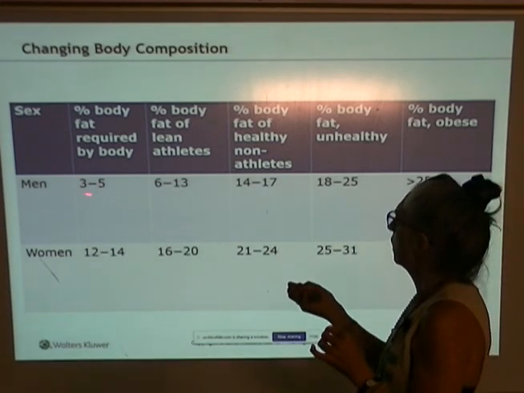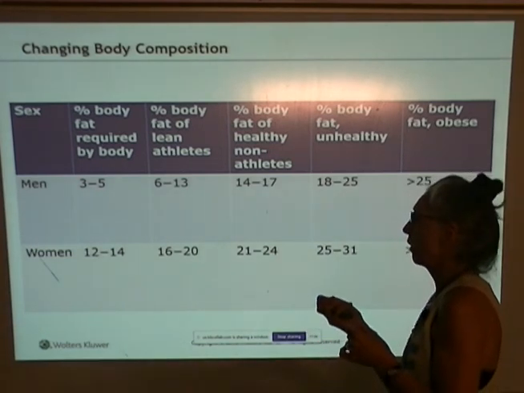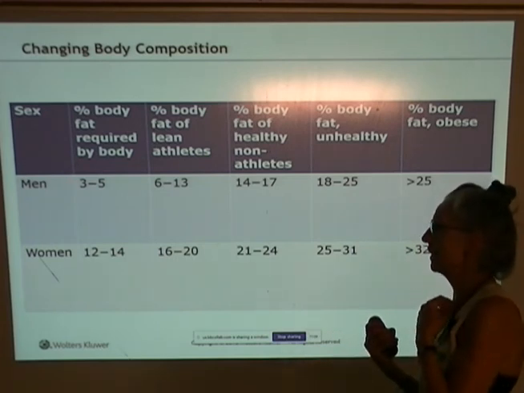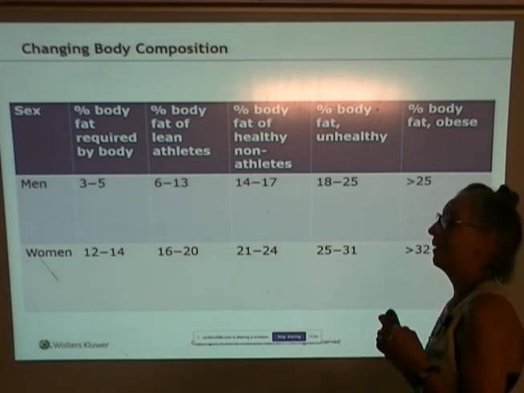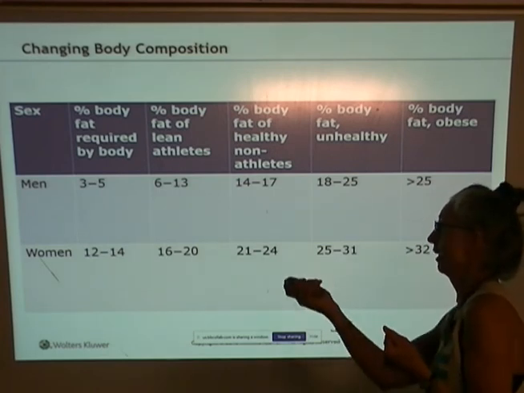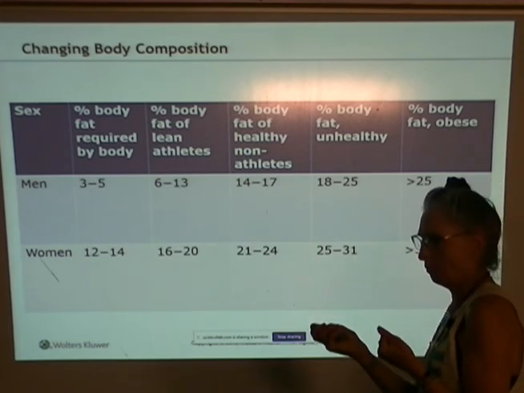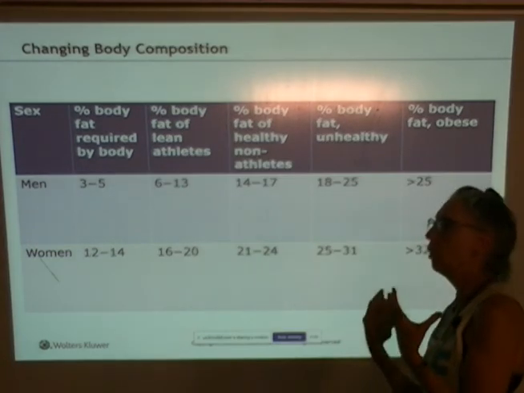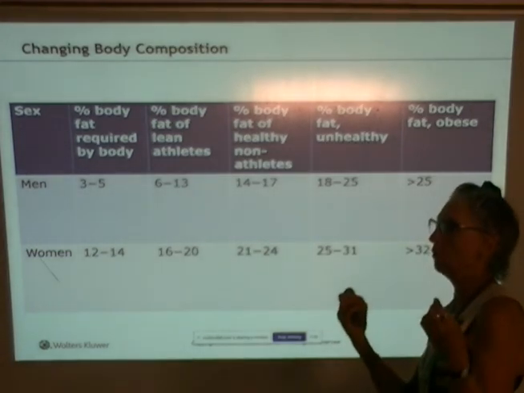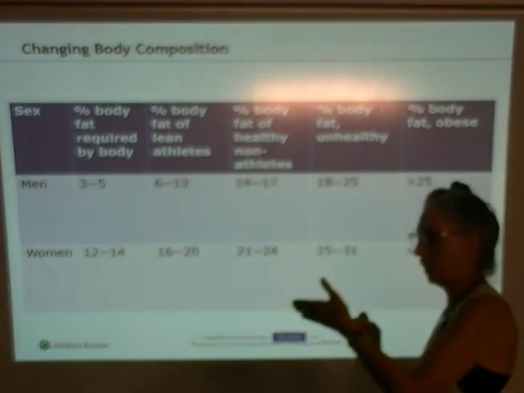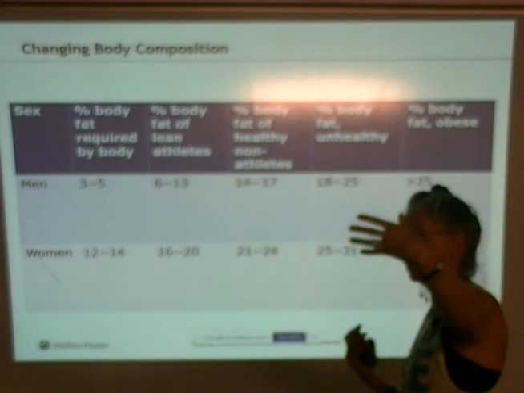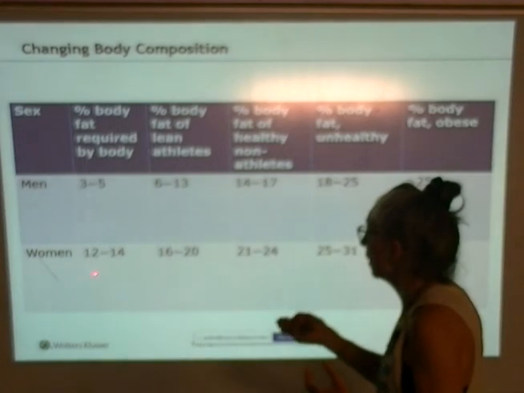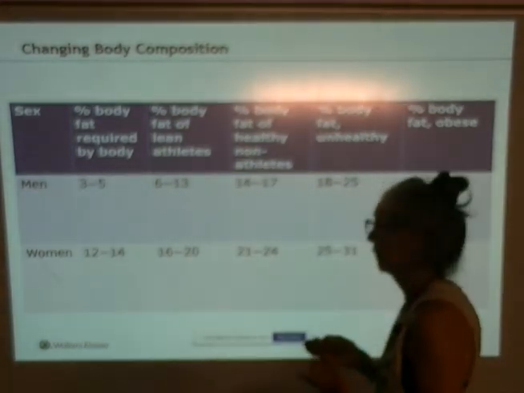So somewhere around 3 to 5% for men, although 3%, I've known a couple of long distance runners down at 3%, and that is very, very, very thin. 12 to 14% for women, which when I first learned this, I was like, oh, that's interesting, because when I was in college, I remember a lot of women trying to be like 8 or 10%, particularly if they were endurance athletes. Again, that's underweight. Minimum for a female is 12%.